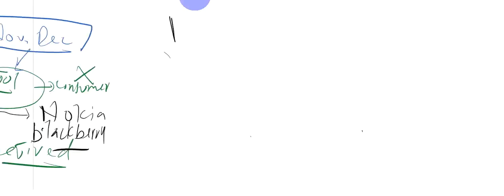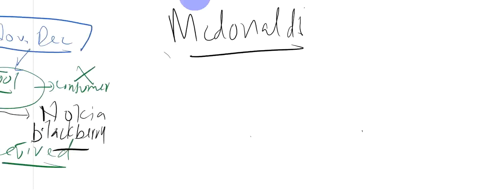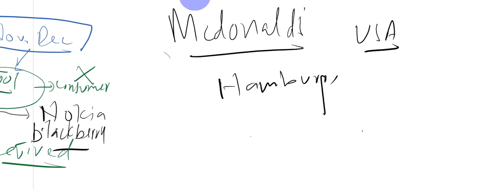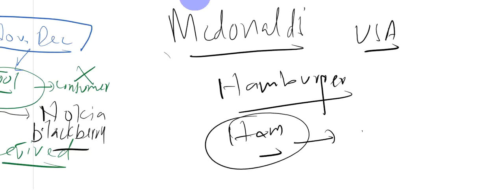For example, McDonald's in USA, they provide hamburger to their customers. But since ham is not acceptable in Pakistani culture or Muslim culture, McDonald's expand their organization and they go to the countries which are basically Muslim countries.